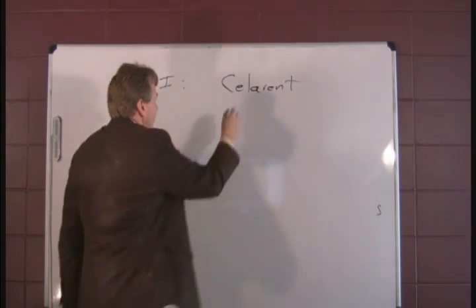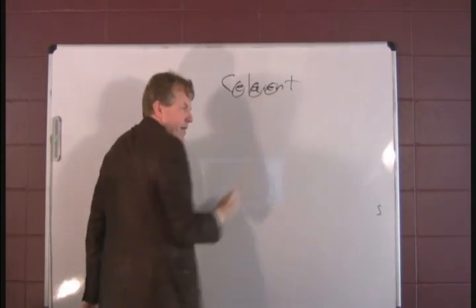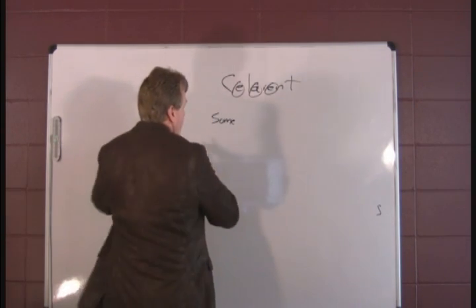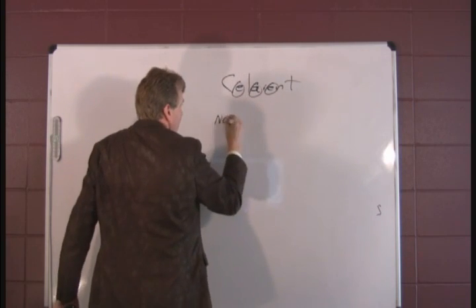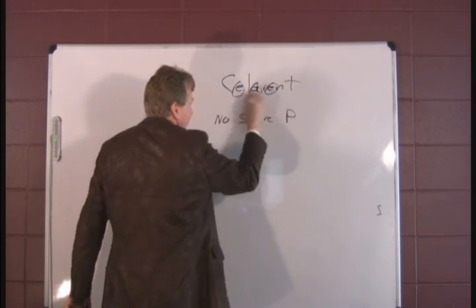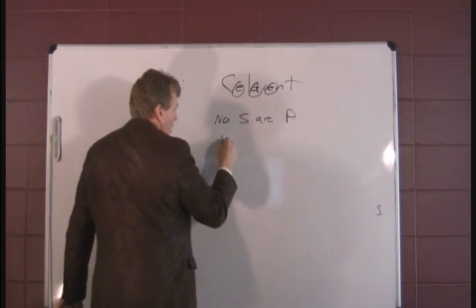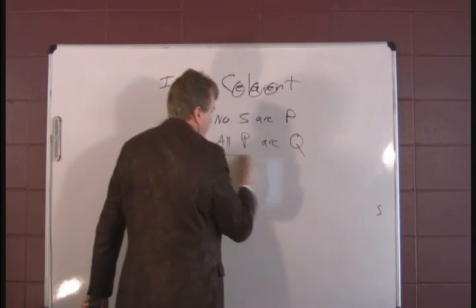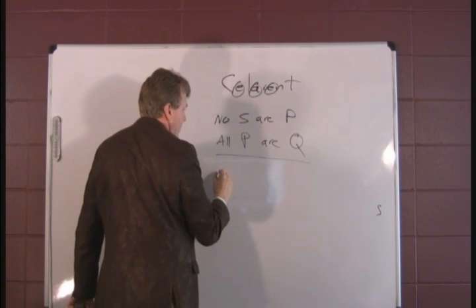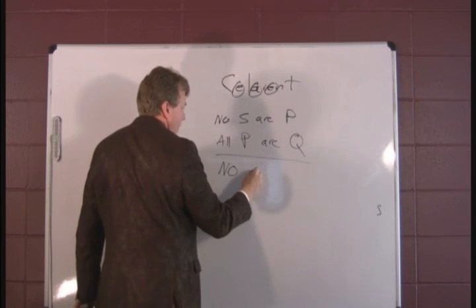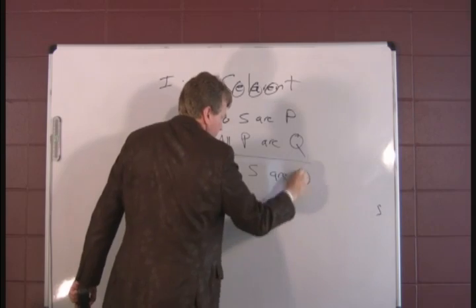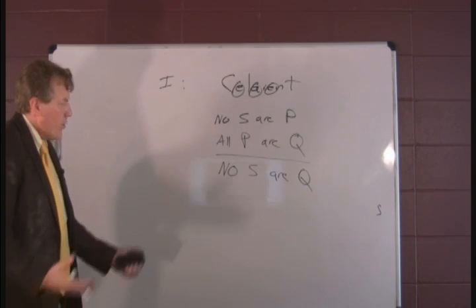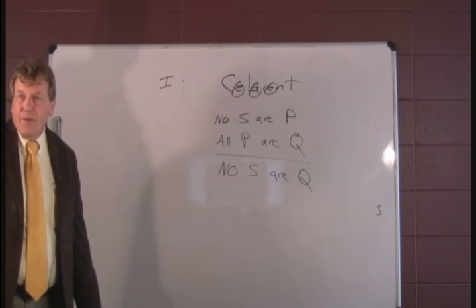Right? And here we have E-A-E. Okay, so in figure 1, no S's are P, A, all P are Q. Then we follow with another E proposition. No S's are Q. No S's are P, all P are Q, thus no S's are Q. That seems to follow.